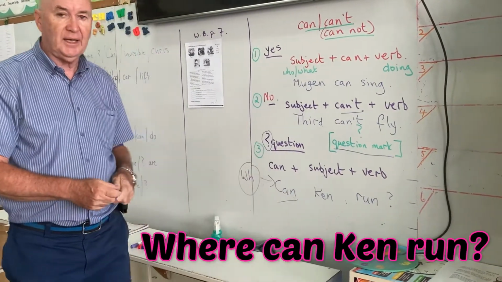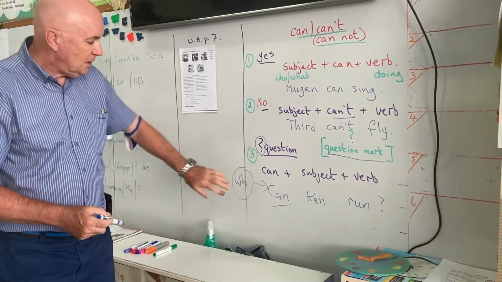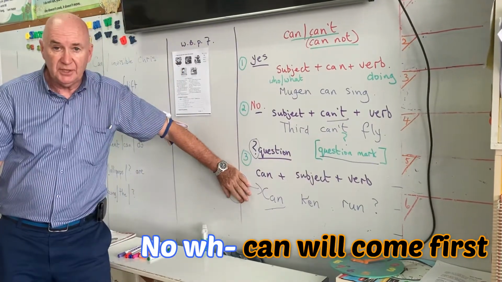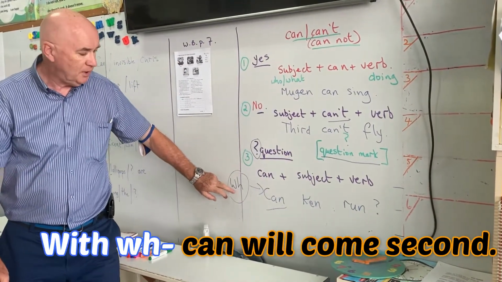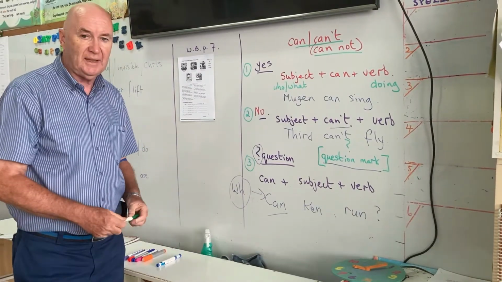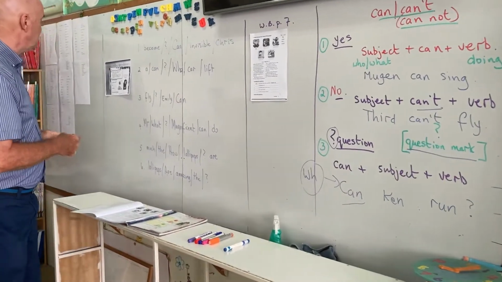Where can Ken run? Why can Ken run? No WH, can will come first. The WH word, then can will come second. So it's always like that. So, not easy, but let's see if we can do some of those.